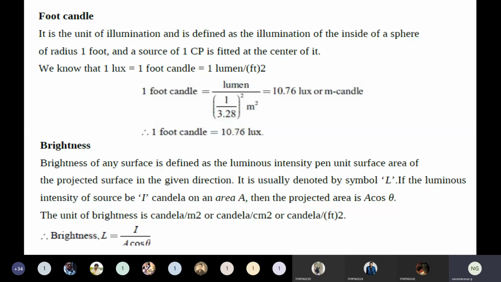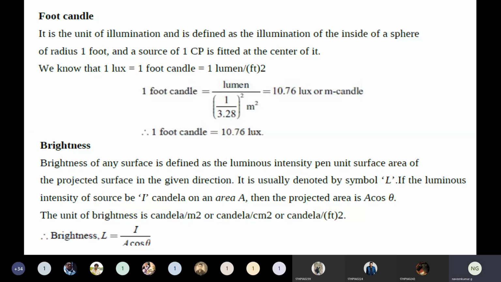It is usually denoted by symbol L, capital L. If the luminous intensity of the source is I candela on an area A, then the projected area is A cos theta. How do you define the projected area? It is defined as A cos theta. Then the brightness, L is equal to I, that is intensity of source, by projected area A cos theta.